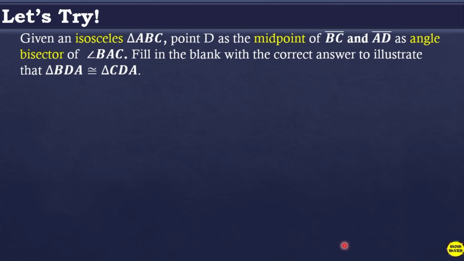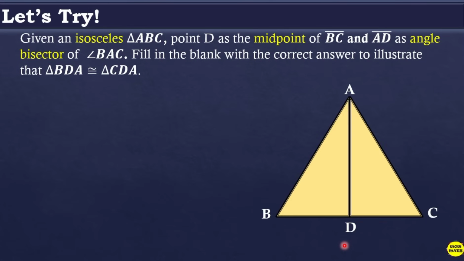Next. Given an isosceles triangle ABC, point D as the midpoint of BC and AD as angle bisector of angle BAC. Now, fill in the blank with the correct answer to illustrate that triangle BDA is congruent to triangle CDA. So, meron tayong isosceles triangle. Now, pag sinabi kasi nating isosceles, two sides of the triangle are congruent.